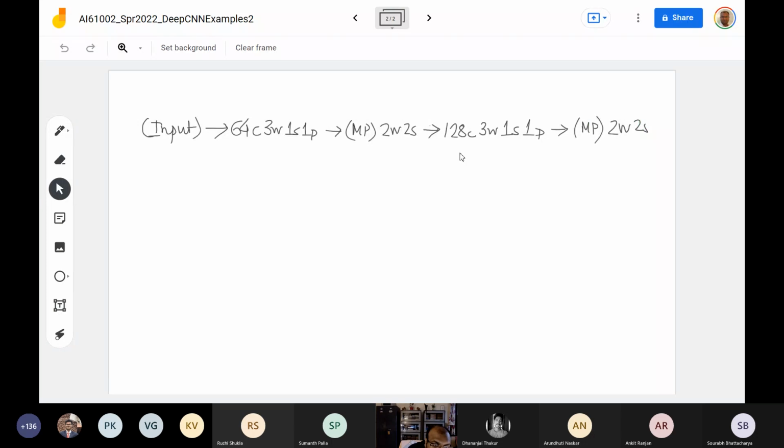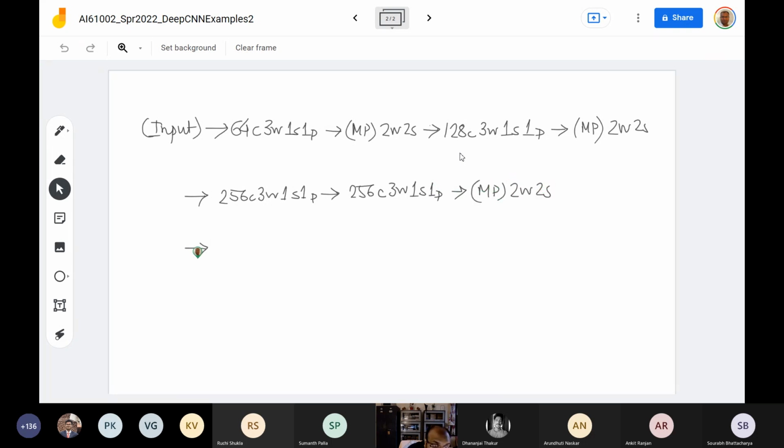From there it passes through 256C3W1S1P, and again 256C3W1S1P, and then to a max pool 2W2S.